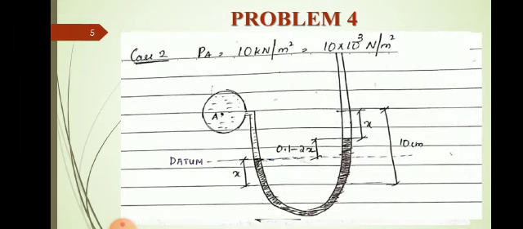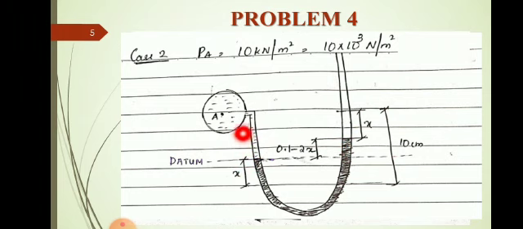First we will consider the left limb. What all pressures are there in the left limb? The pressure PA, which is a known quantity here, 10 kilonewton per meter square. So PA is there, plus water pressure due to a height of this much, isn't it? So what is this much height? Initially this height is 10 centimeter and now it has fallen by x meter.